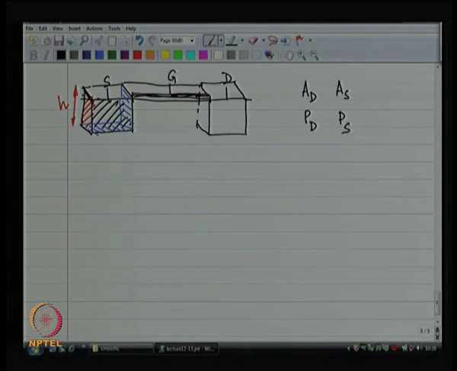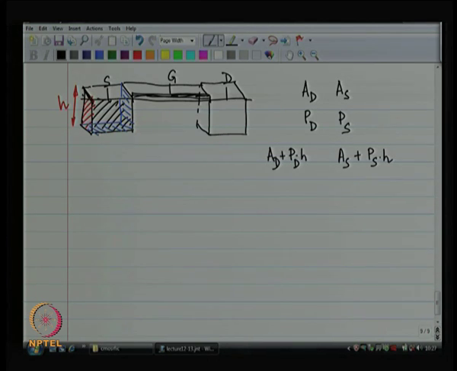Okay. So, given these numbers, what is the area of the junction? The area of the junction for the source is going to be A s plus P s times h. Work it out, you will find this is correct. And the area of the junction on the drain side is A d plus P d times h.